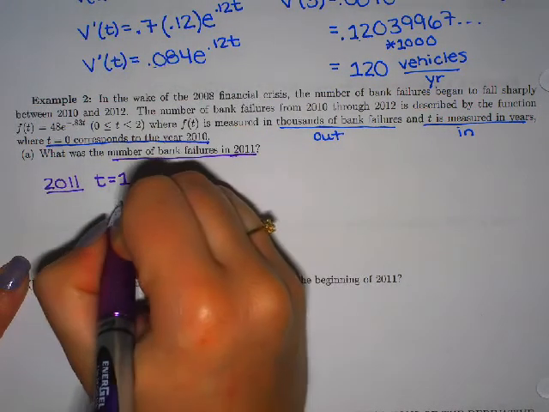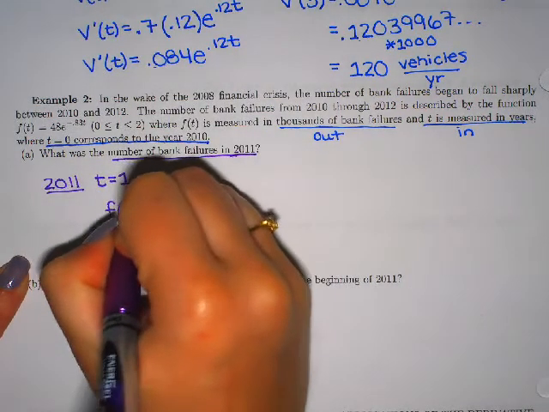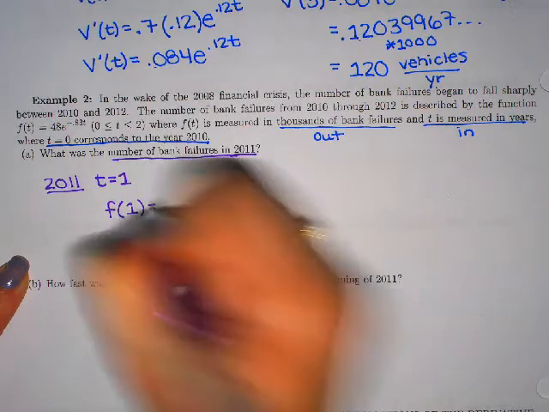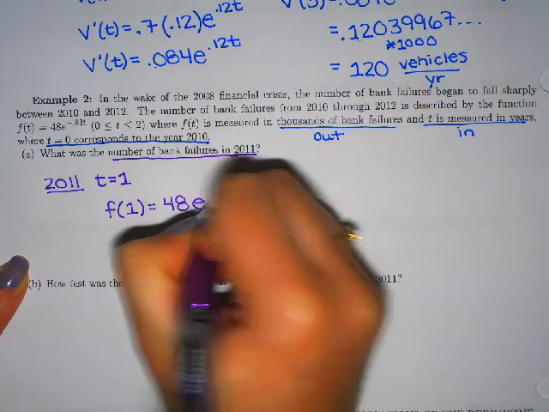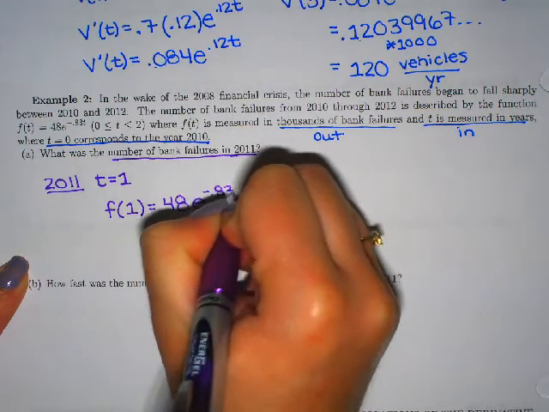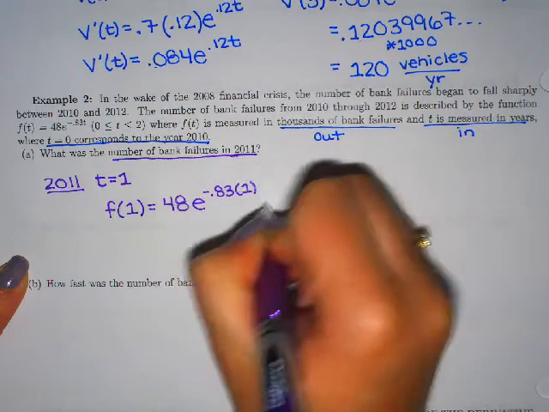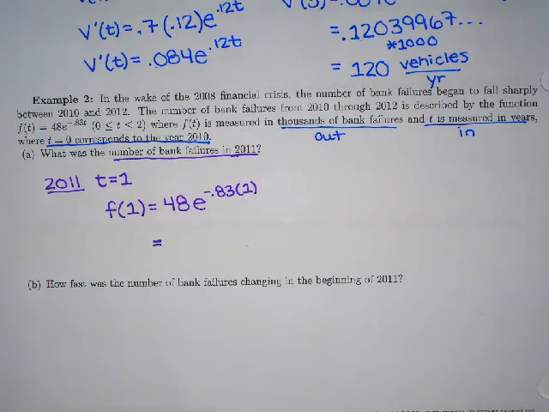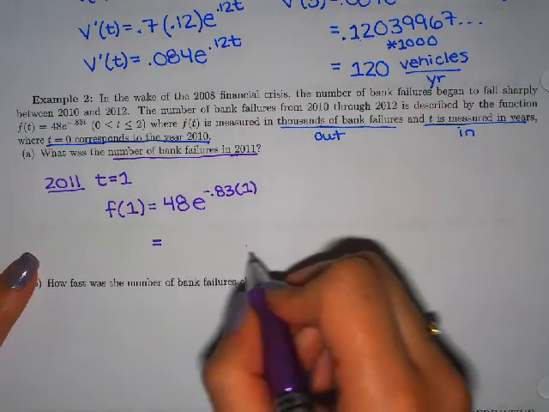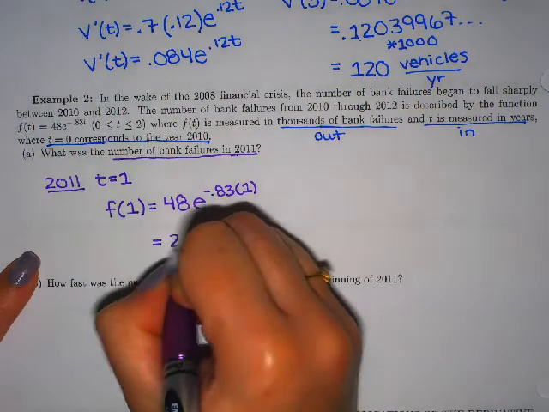And so we're just plugging into the original. We're going to do f of 1. We're plugging into 48 e to the negative 0.83 times 1. So grabbing your calculator, what is e to the negative 0.83 times 48? I would definitely practice this, so that the first time you do it is not on a quiz or a test.